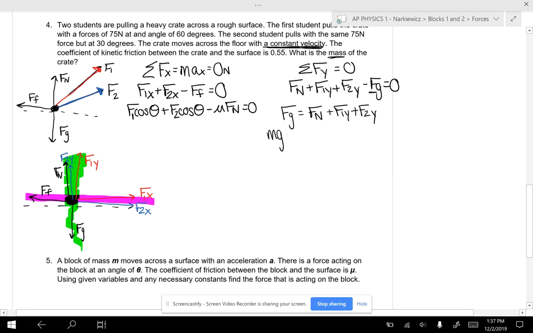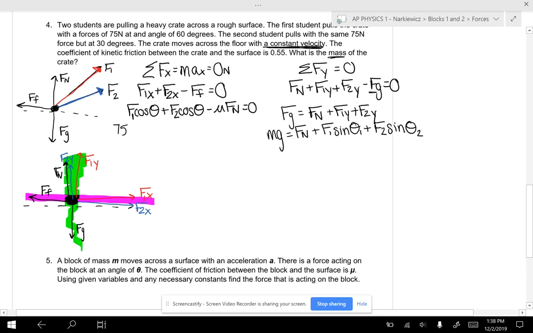So mg is the normal force plus F1 sine theta 1 plus F2 sine theta 2. I have F1 sine theta 1 and F2 sine theta 2, but I don't have Fn, which means I need to use the x direction to find Fn. It's a little bit different than normal.